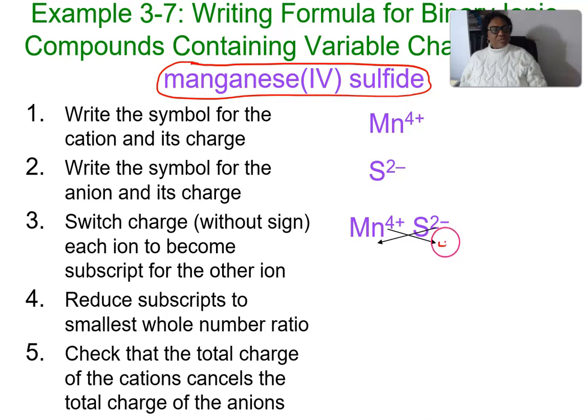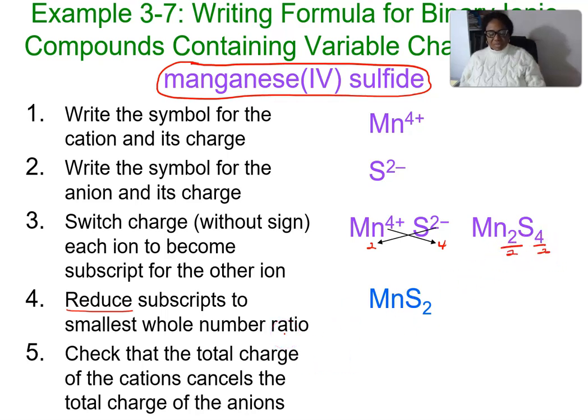So this will be 4. And this will be 2. That's what you get. So reduce to the smallest whole number ratio. So divided by 2, divided by 2.